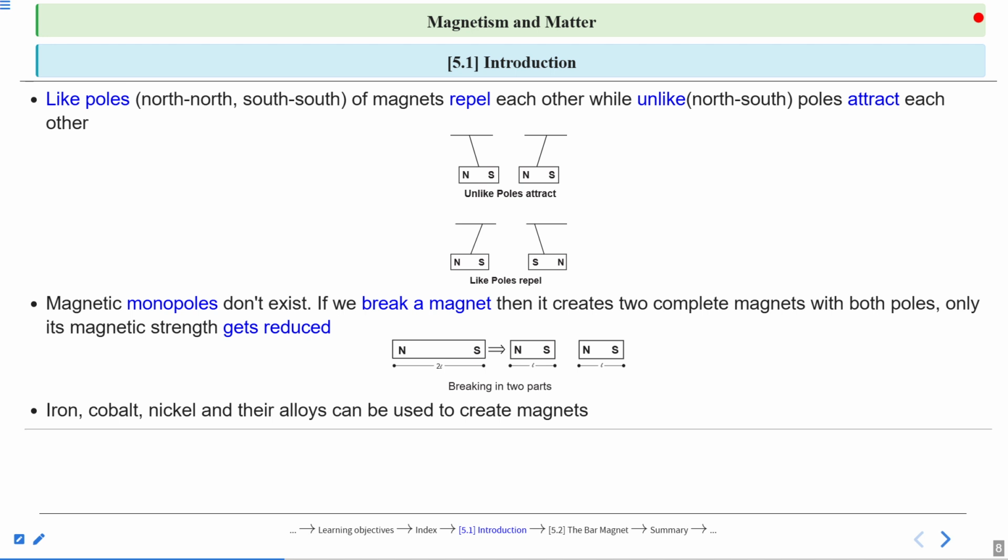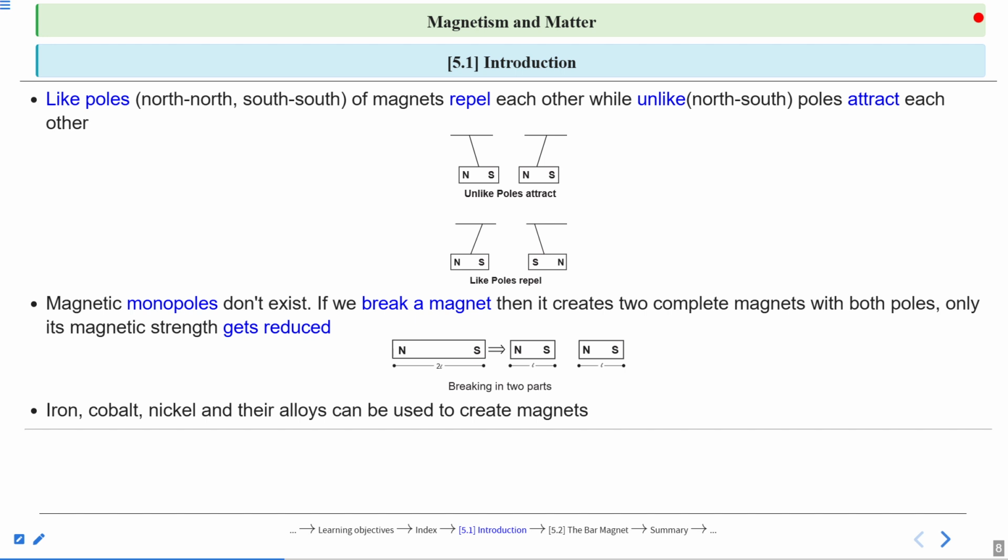One is the bar magnet, which is permanent, and the temporary one is the electromagnet. We will discuss electromagnets in brief at the end of this chapter.